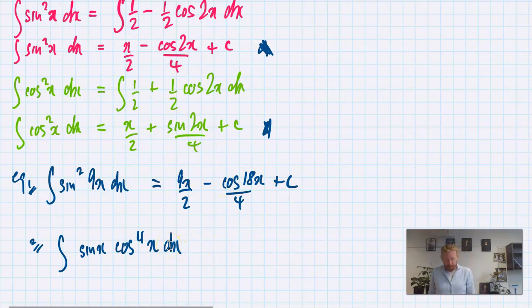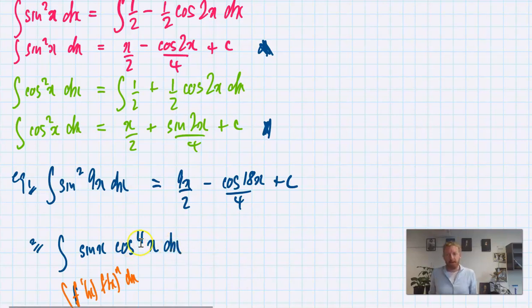But how are we going to do this one? Well, I think that looks suspiciously like this guy, doesn't it? Let's do that in orange. The integral of f dash x times f x to the n dx, which I know how to do. That's easy. Alright, but it's not quite in that form, is it?